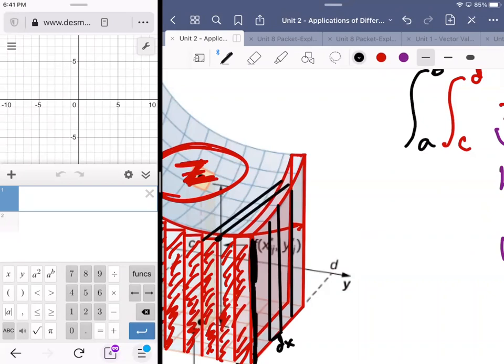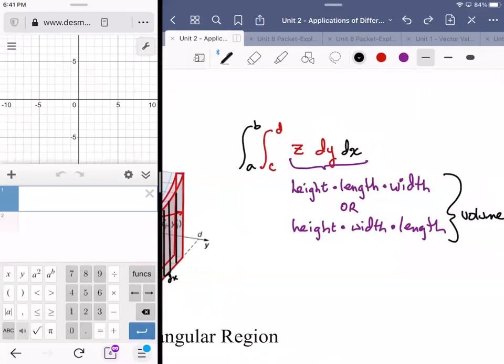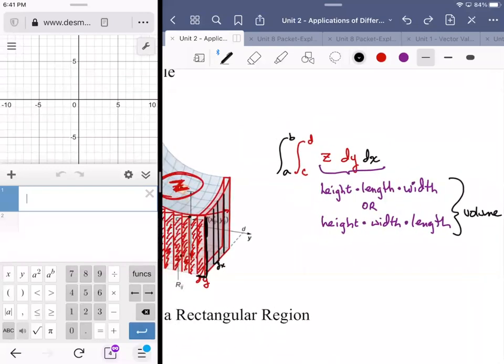We would still be using rectangular approximation, but this time it would be rectangular solid approximation. The diagram just looks terrible that way, so I didn't draw it that way initially. But it really is height times width times length, used to approximate the volume.